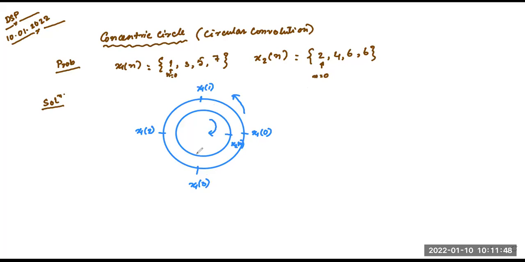If it is clockwise, then it is x2[1], this is x2[2], and this is x2[3]. Up to this, we will continue in the next class. This is the clockwise position for the inner circle and anti-clockwise position for the outer circle. So keep it in mind. Thank you for attending the class. We'll see you in the next class.